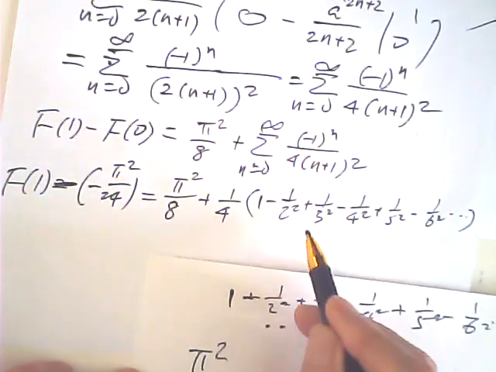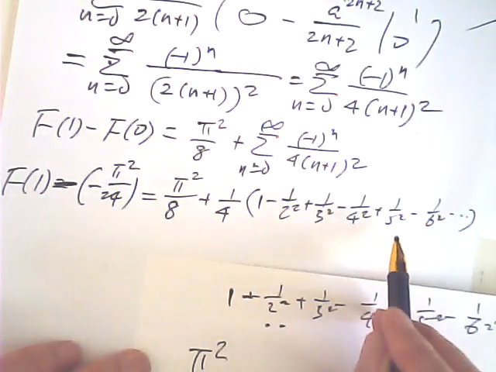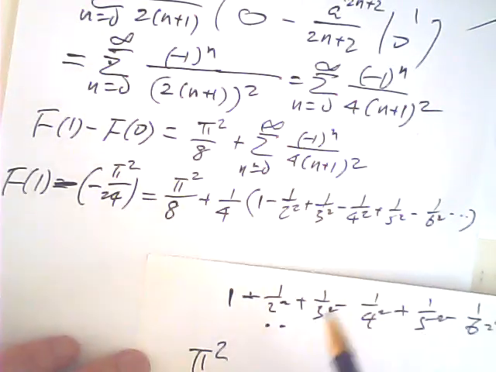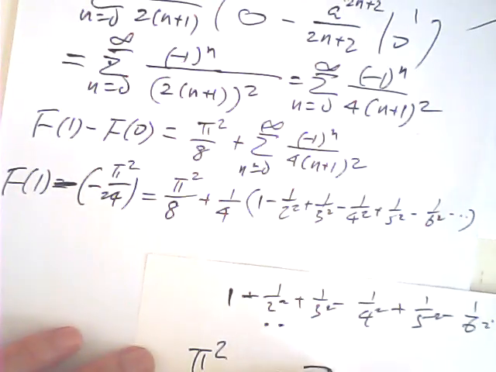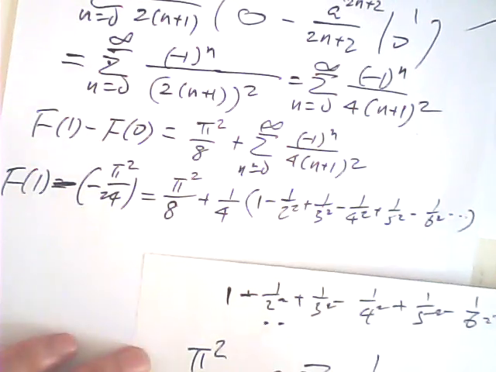And to take away those even powers, you take twice. Taking one is not enough. You take twice those even numbers squared.